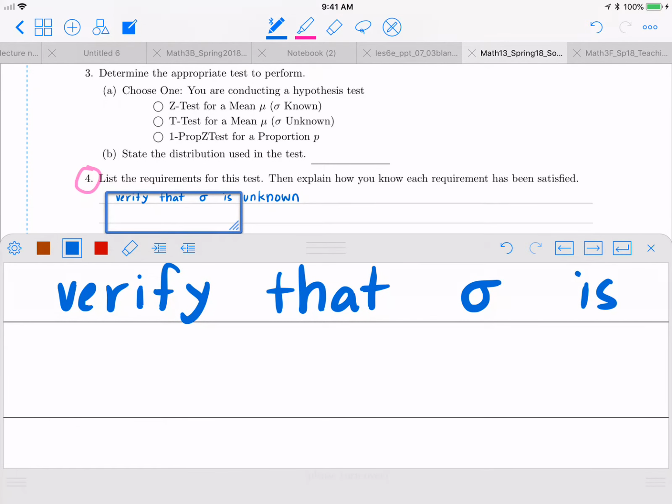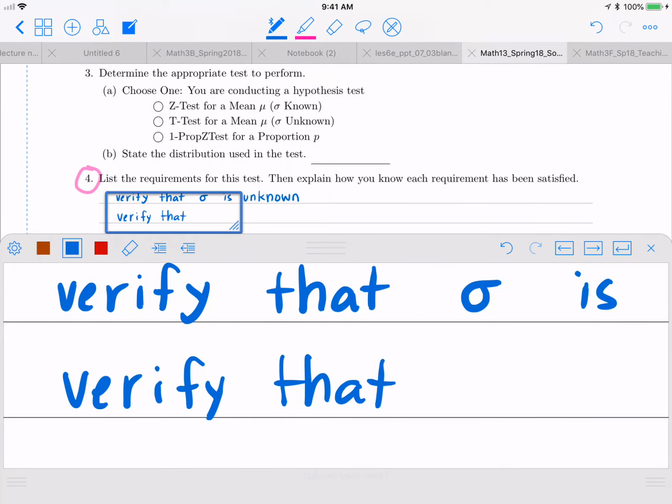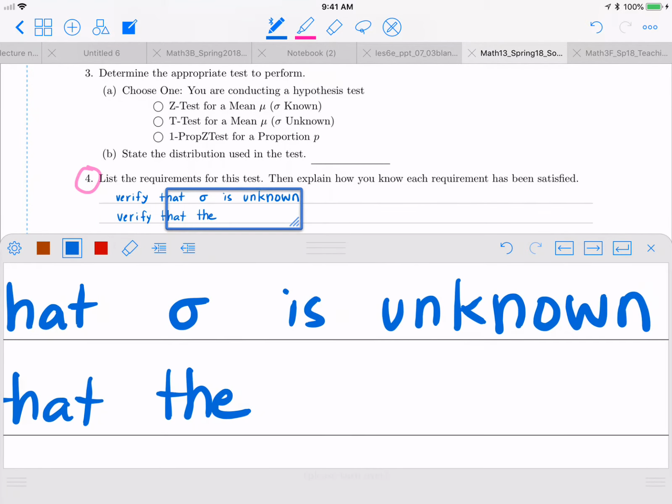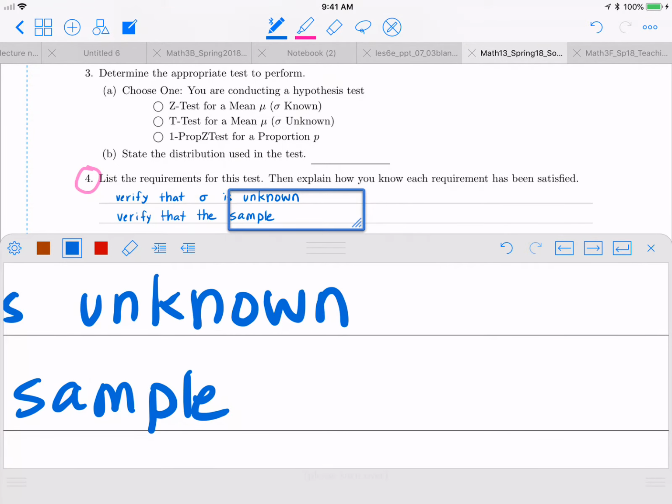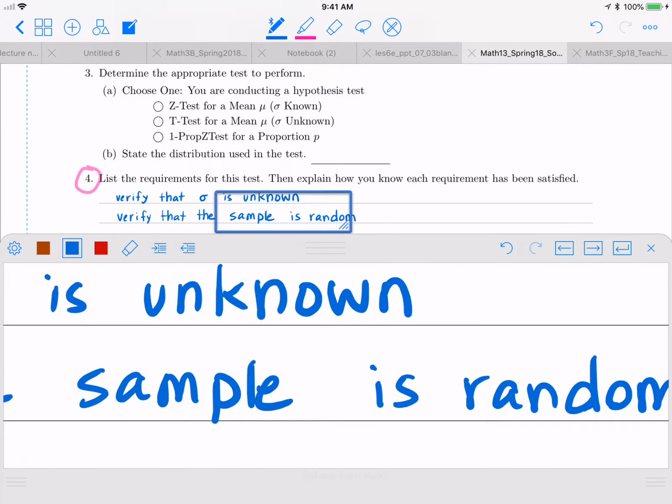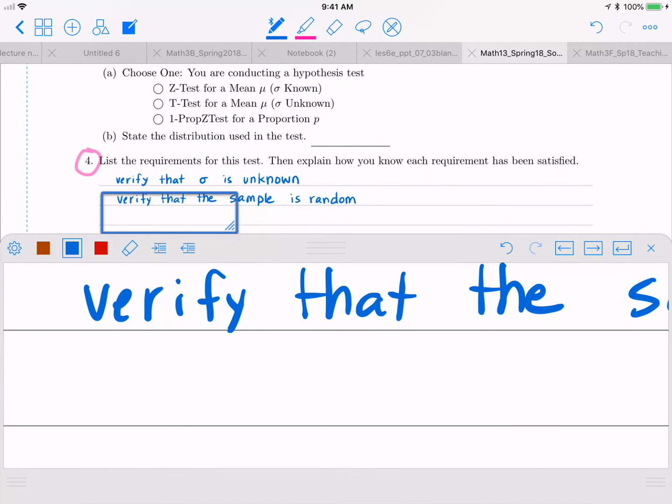We also need to verify that the sample is random. And we need to verify that the population is normally distributed, or n is greater than or equal to 30.